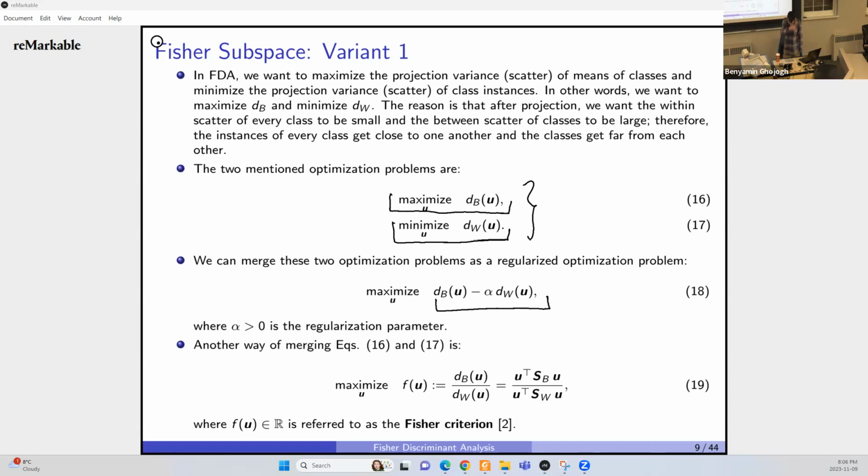Another way is to maximize this fraction, dB over dW, because maximization of 1 over dW is equivalent to its minimization. This is called the Fisher criterion. dB is U transpose SB U, as we just talked about. dW is U transpose SW U. This fraction is called the Fisher criterion, proposed by Fisher.